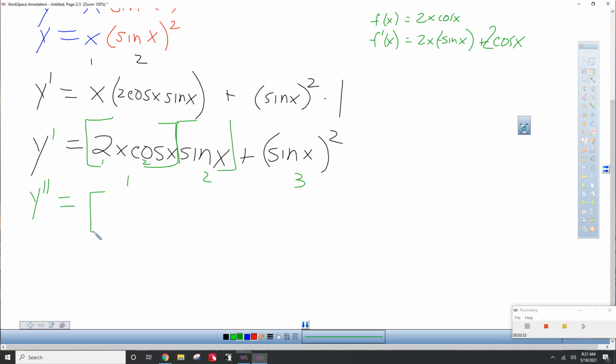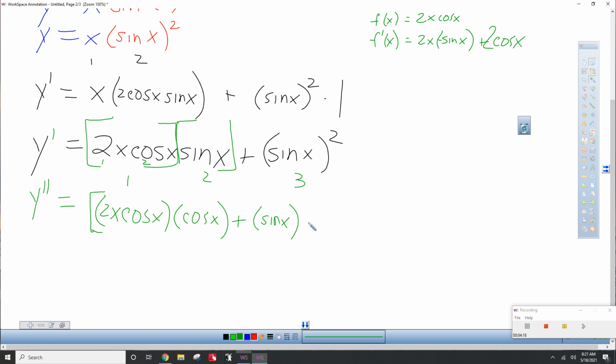Okay, so here we go. We're going to do first, so this one, 2x cosine of x, times the derivative of the second. The derivative of sine of x is cosine of x, plus second, which is sine of x, times the derivative of the first.